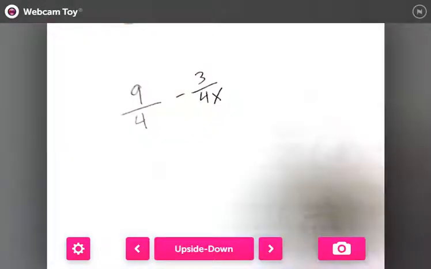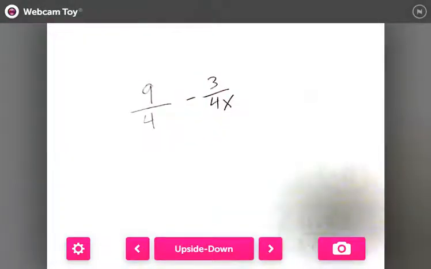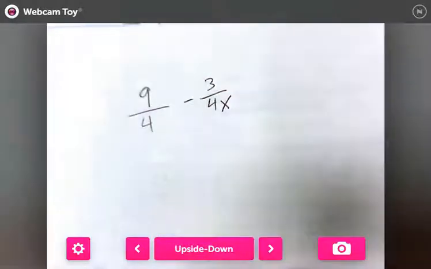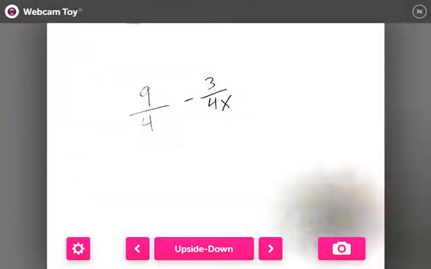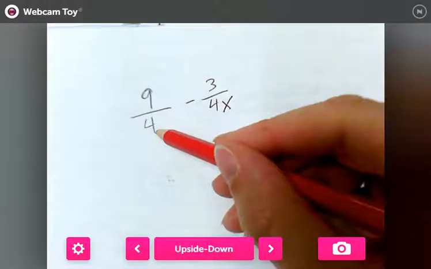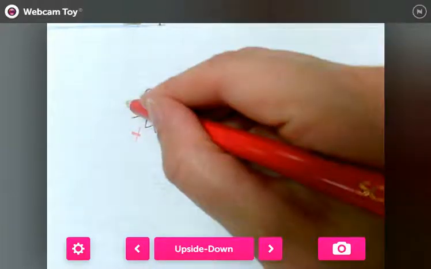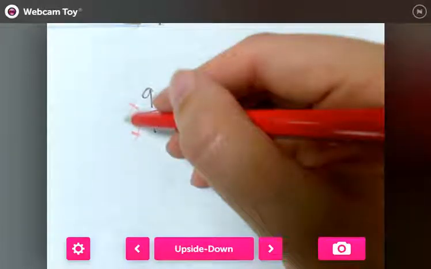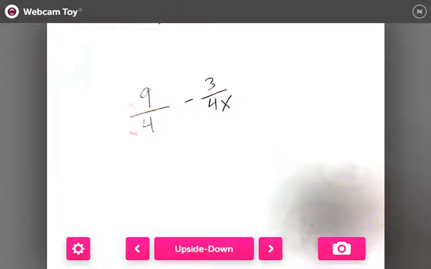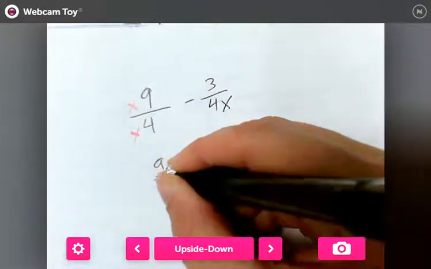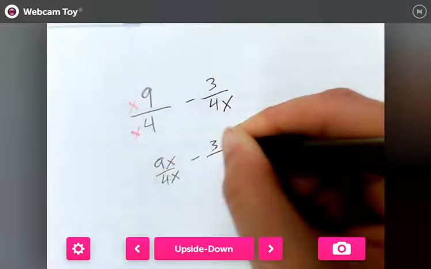Okay. So I would just do this on the back, or you can put this in your notebook, wherever. We're going to do maybe about 6 of these, and then I'll give you the homework for it. All right, so what is wrong with this? Why can't I just subtract? Because I don't have an x. So if I need to make an x here, I need to multiply this by x, but I also have to multiply the top. Whatever I do to the bottom, I have to do the top. So my new thing is 9x over 4x minus 3 over 4x.